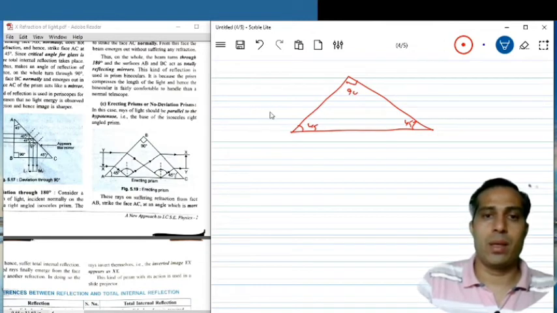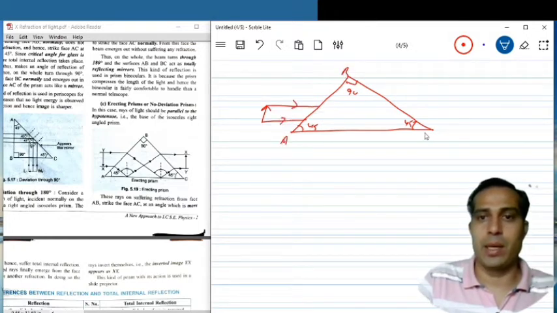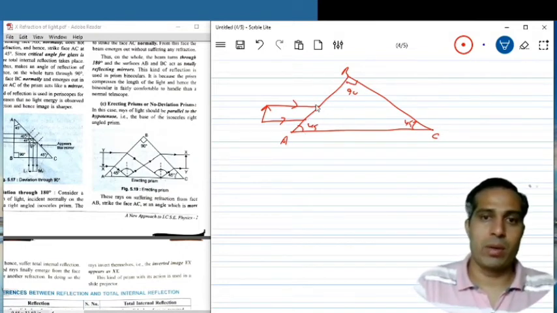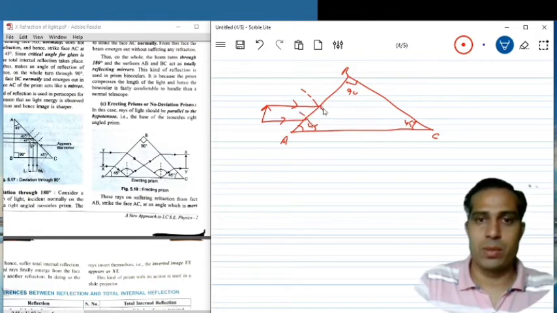Suppose here is the object, and the ray of light is not falling at 90 degrees on this surface AB. So what will take place? A refraction. It will bend towards the normal.